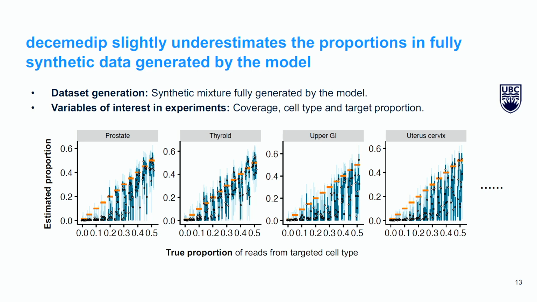We were interested in coverage, cell type, and target proportion, etc. What we see is that a lot of the time the proportion estimates are slightly underestimated, which might be due to the correlation between the methylation markers of the cell types, causing a little bit of multicollinearity in the model.